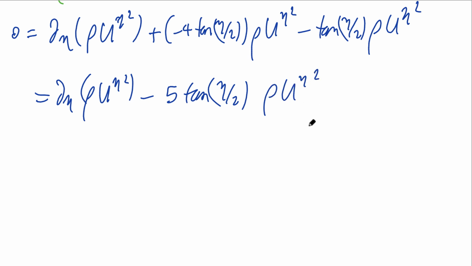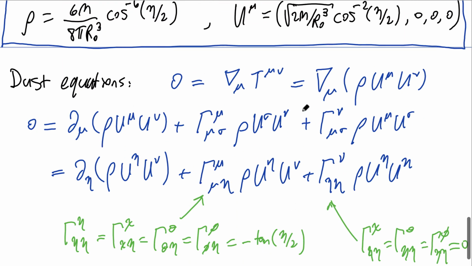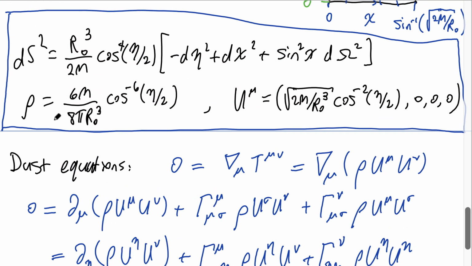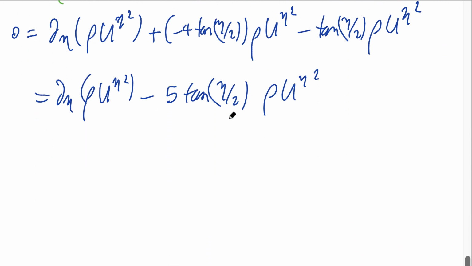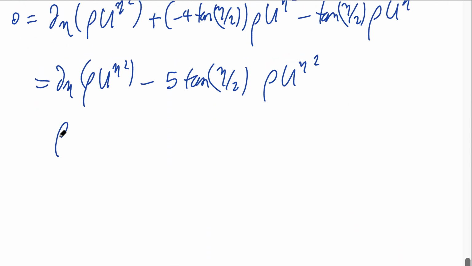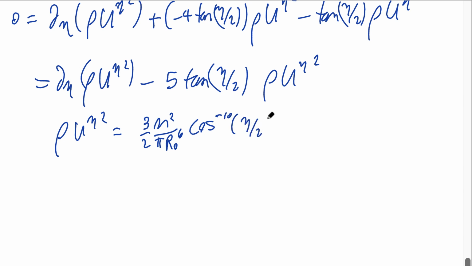And now if we remind ourselves the form that rho and u eta take, they're written down right here. We find that rho u eta squared is equal to 3/2 m squared over pi times r naught to the 6th power times cosine to the minus 10th power of eta over 2.